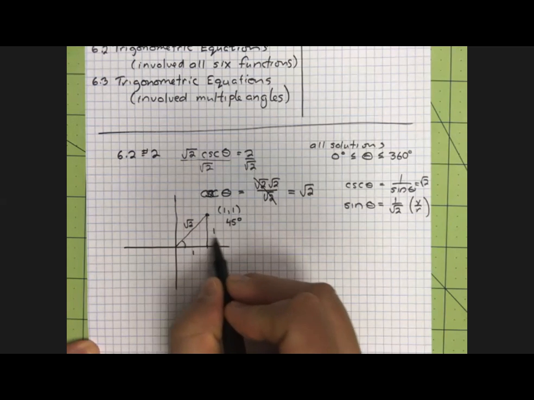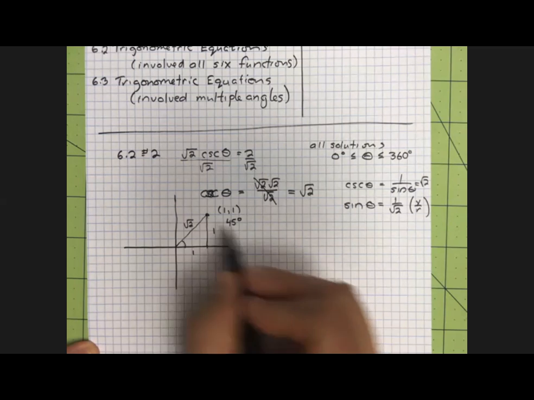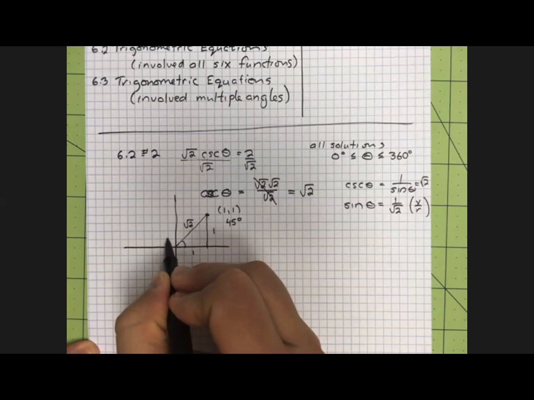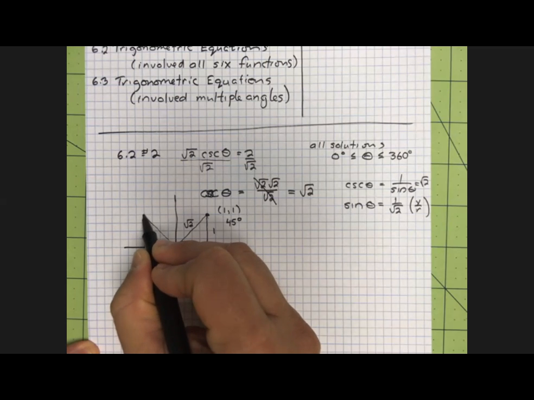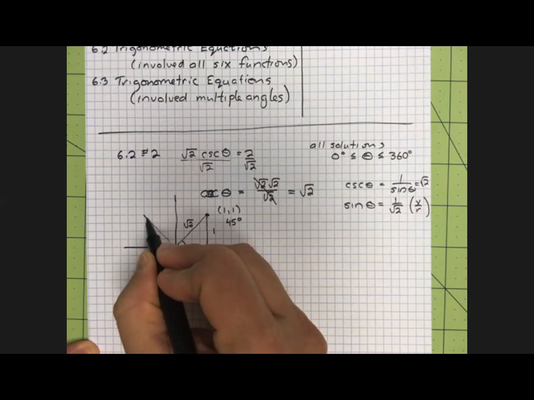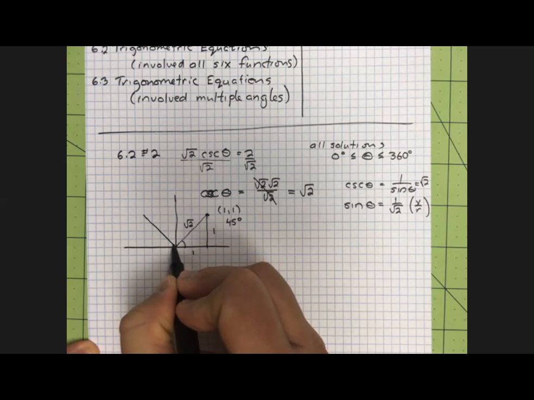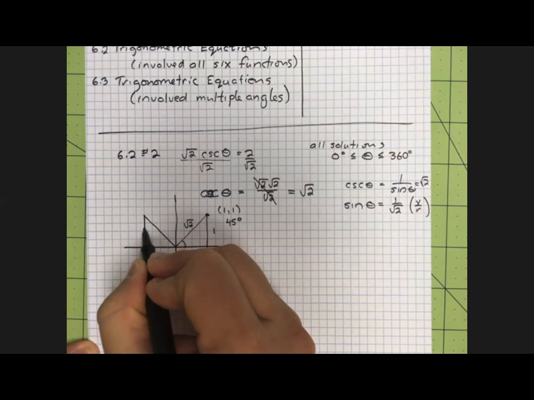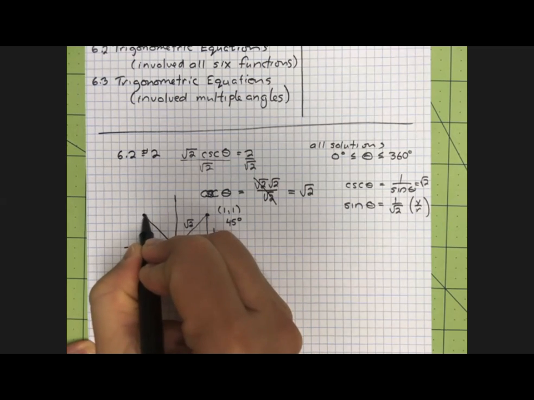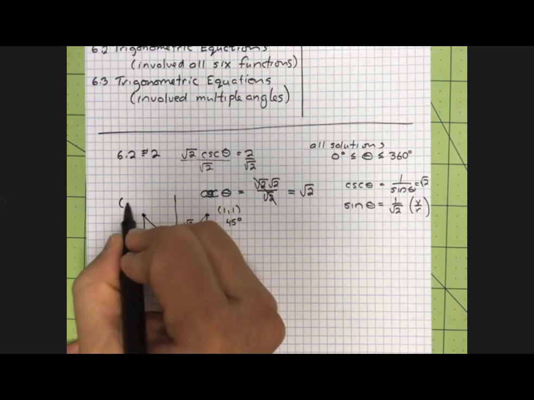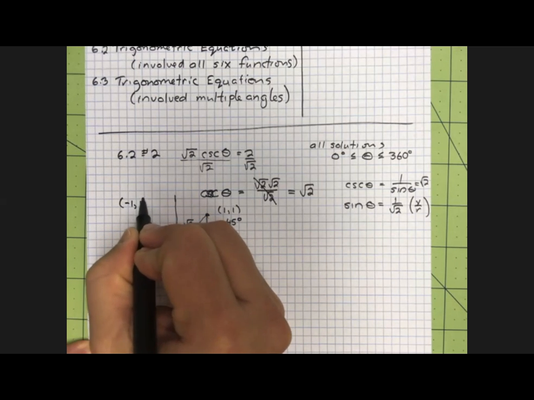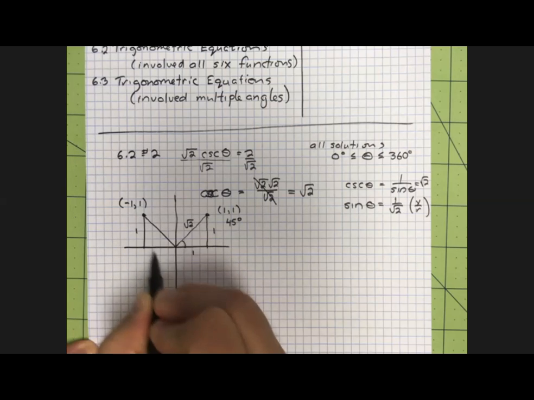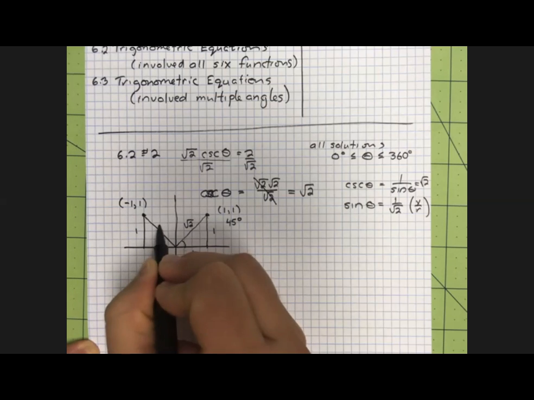But there's another angle whose sine is 1 over root 2. And that's in the second quadrant. So I need to find all the angles between 0 and 360 that satisfy that. Then I draw this reference triangle like this. The x-coordinate is -1, the y-coordinate is 1. The sides of the reference triangle are 1 and 1 still, 45, 45, 90.